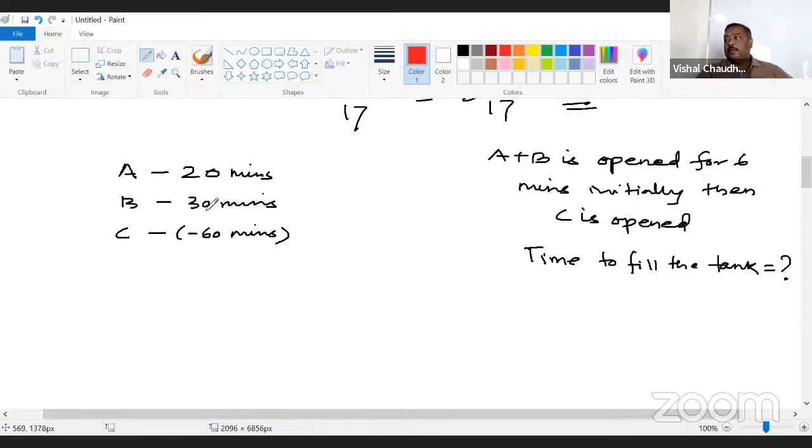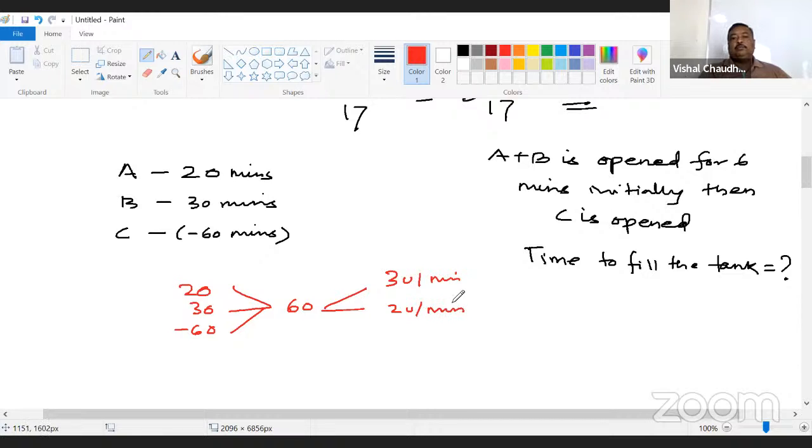Okay. Again, 20, 30, minus 60. LCM हो जाएगा 60. 3 unit per minute. 2 unit per minute. Minus 1 unit per minute.